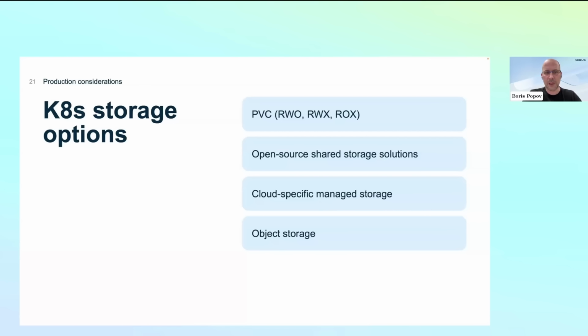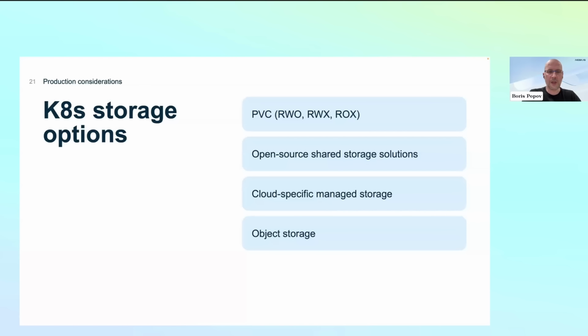That's persistent volume claim. The idea is that you would define a persistent volume claim, and then depending on the actual cloud implementation, you would get a different storage behind it. So it's a generic way to define your disk.